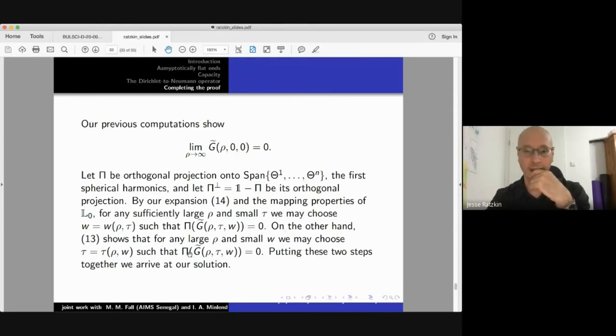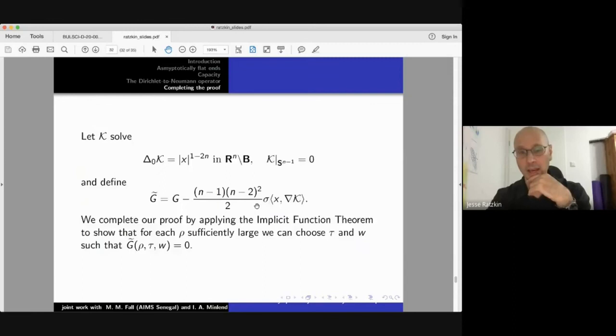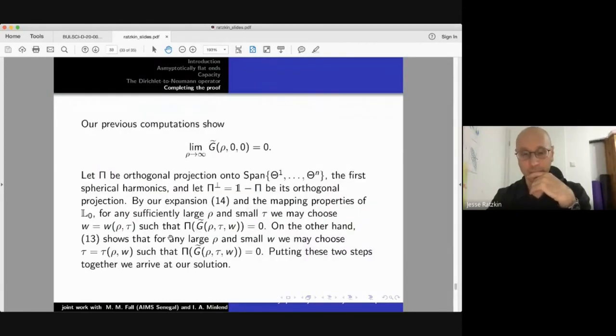And then on the other hand, the other part of my derivative shows that for any large rho and small w, I can choose a tau depending on rho and w such that the orthogonal projection is equal to 0. And when I put those two steps together, I arrive at my solution using the implicit function theorem.